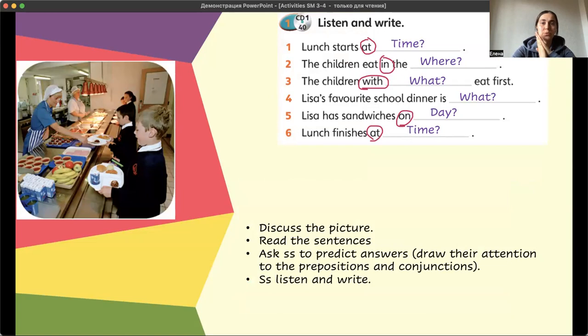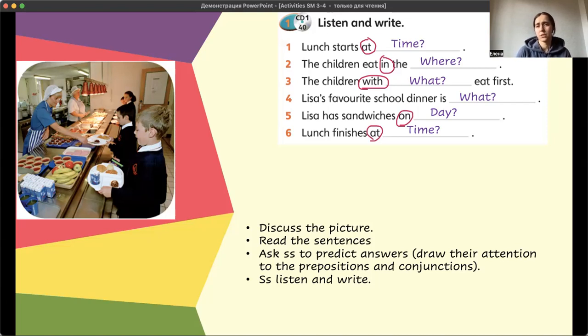So I circle, for example, at, and I want them to predict the answers. Lunch starts at. What can be after that? And usually they say that it is about time. So at 12 o'clock, at 1 o'clock, at 2 o'clock. So they understand this, they brainstorm ideas. We do the same with other sentences.